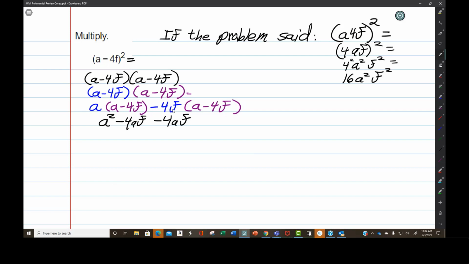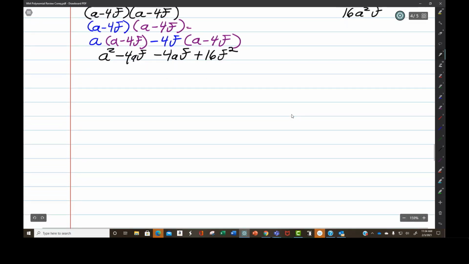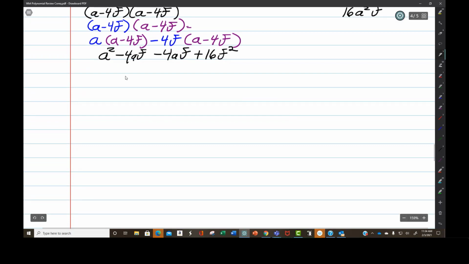And minus 4F times minus 4F is plus 16F squared. Now notice that you have an AF term and an AF term.